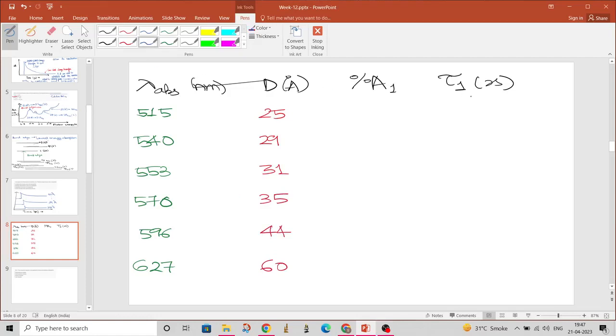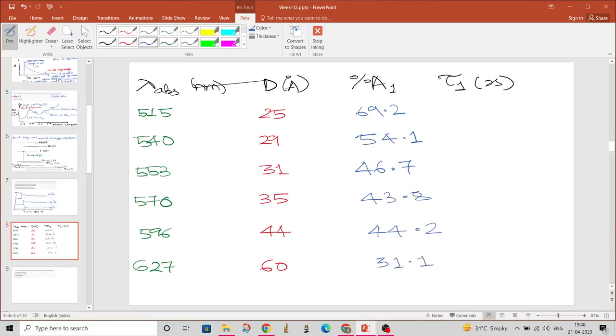And the percent amplitude of the fast component which was found, for the smallest size, is 69.2%. And as the size increases, the amplitude goes on decreasing: 43.8, 4.2.